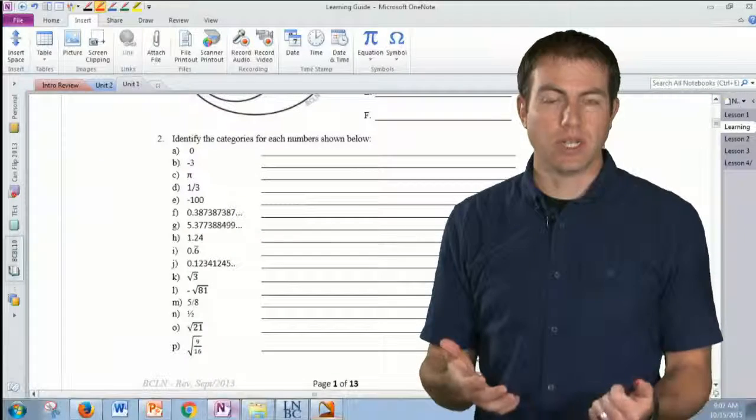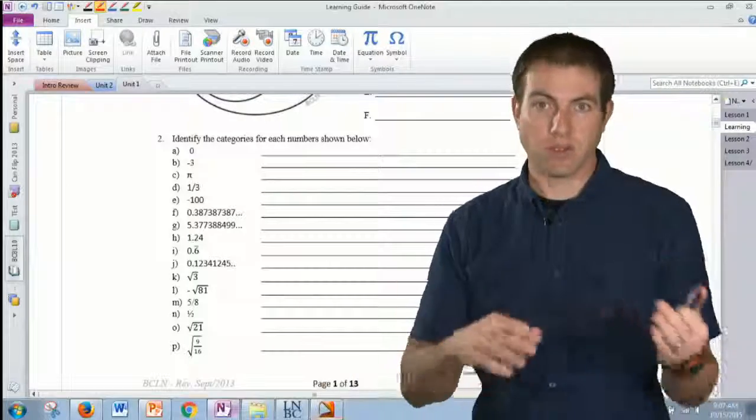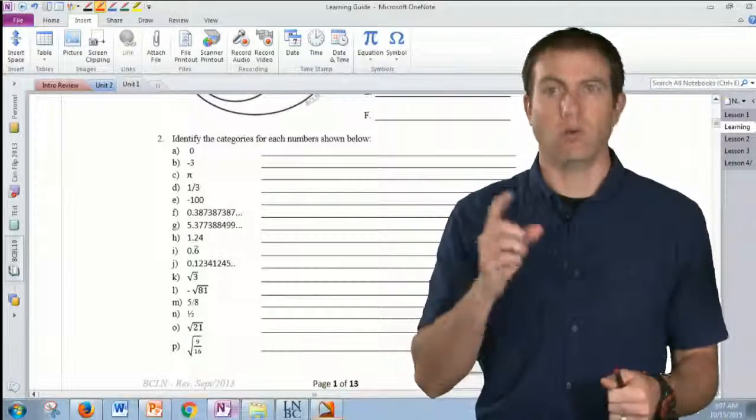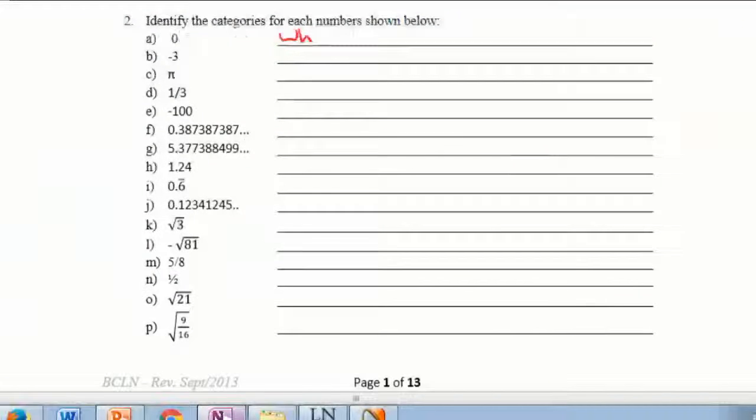So we can't include it as a natural number because it's just not a natural number. When we're just counting things, 1, 2, 3, we never go 0, 1, 2, 3. That's just not how it works. So this is a whole number. That is the smallest category. Then the next step, it's also an integer, because that's the next bigger category. And it's also a rational number.